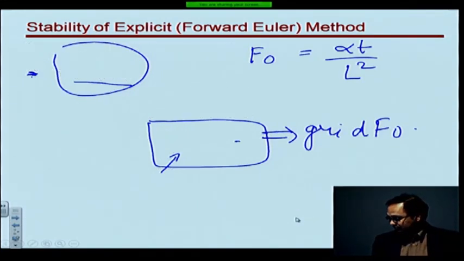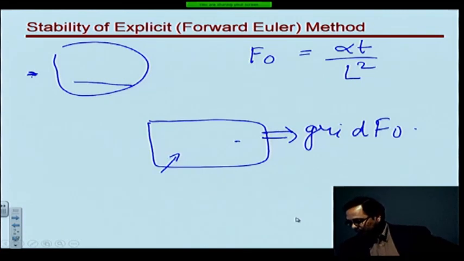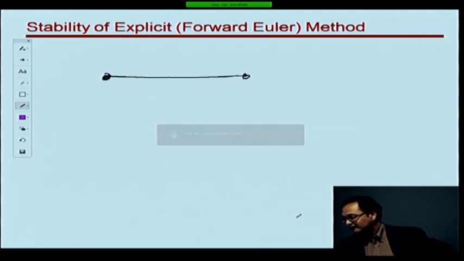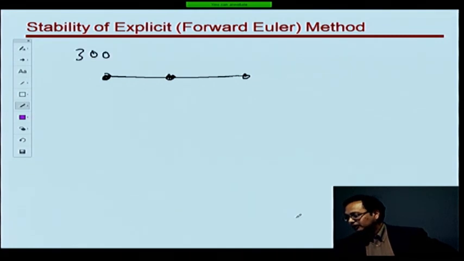Suppose I solve a problem where I have a 3-node problem, and I'm doing a heat transfer calculation. These two are boundary nodes whose temperatures are 300, and this one I'm starting with an initial condition of 200 Kelvin.